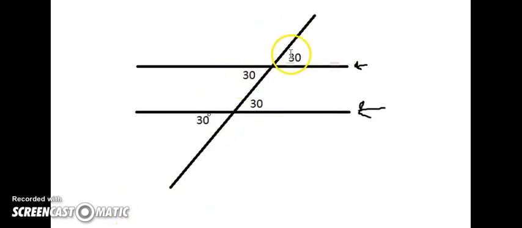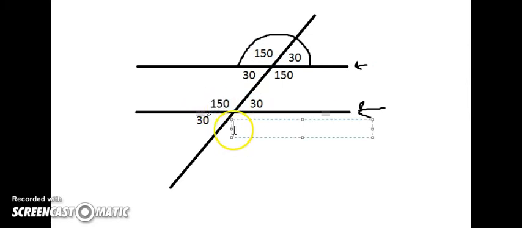What's also true is, since this is a straight line, from here to here is 180 degrees. That means this angle right here is 150, which means this angle is 150, and this angle is 150, and this angle is 150. So that's how that works. We like to use that a lot.